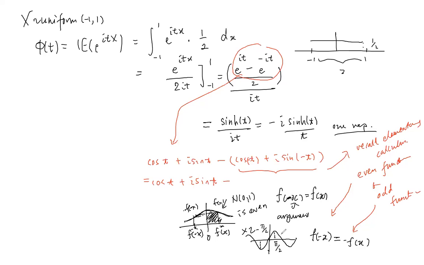So at pi over 2, the sine value is 1, okay? At minus pi over 2 it is minus 1, right? So basically the sign will take out, okay? So if you take an integral from minus pi over 2 to pi over 2, it is 0 because both sides have the same magnitude but different sign, right? So they'll cancel each other.